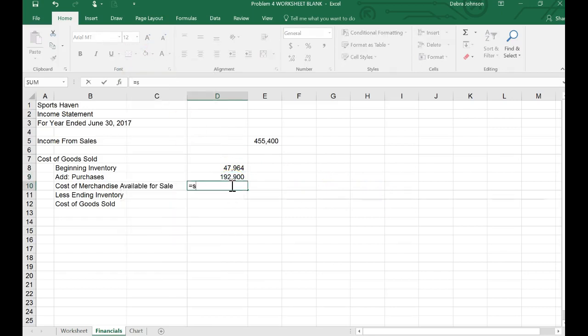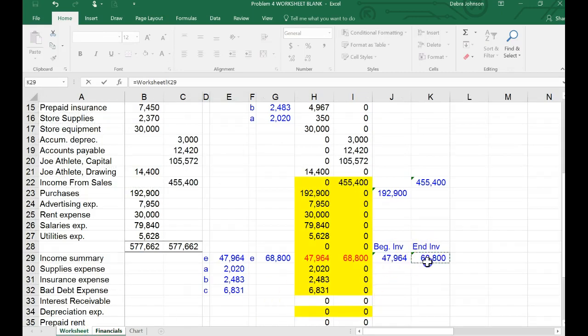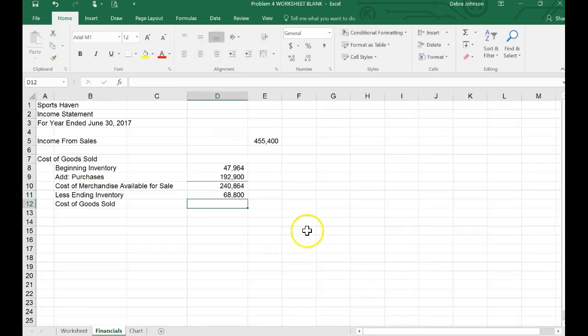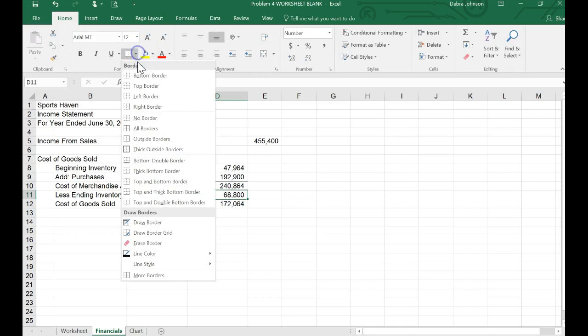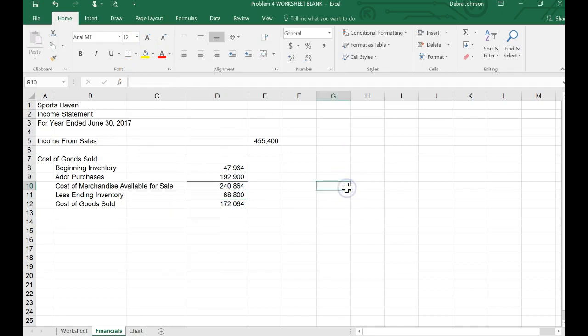So I'm going to sum those up. My ending inventory is going to be subtracted, and once again I'm going to pull that from my income summary accounts, and finally I'm going to wind up with my cost of goods sold, keeping in mind that I have not made the rest of the adjustments. I'm just demonstrating to you how we're going to go about doing that.